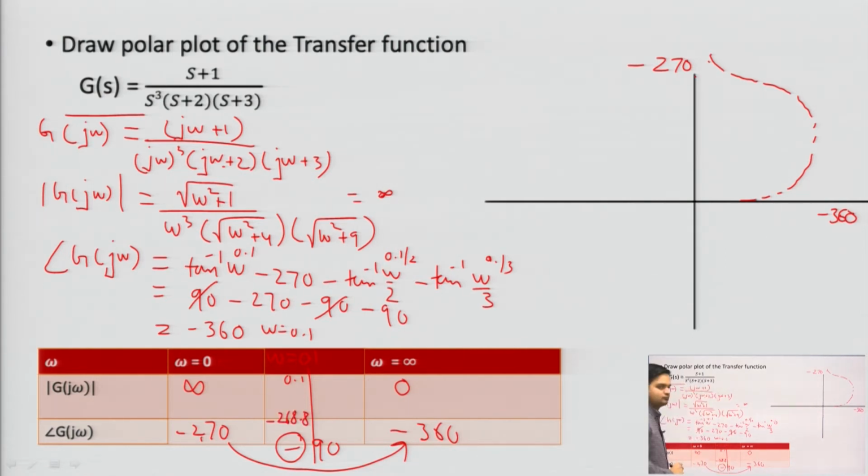268.8. Okay. When I put omega equal to 0.2 in this expression, my phase would be minus 260.